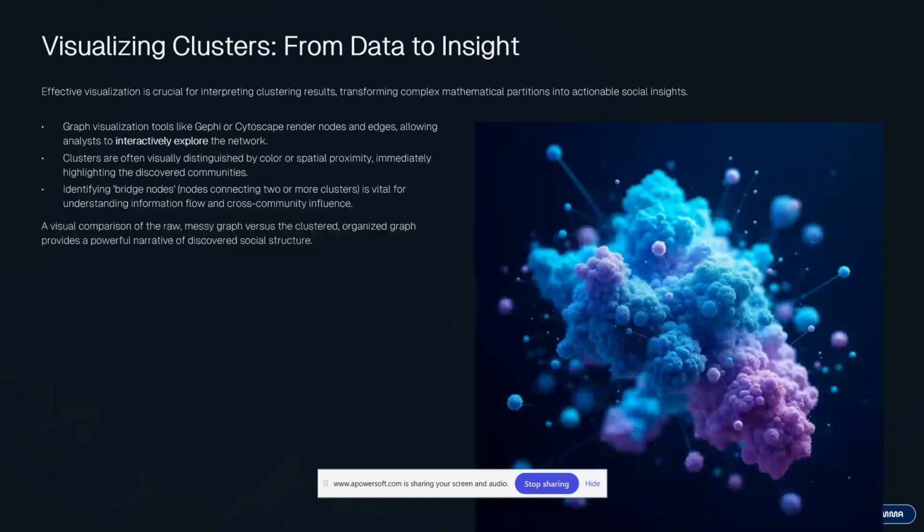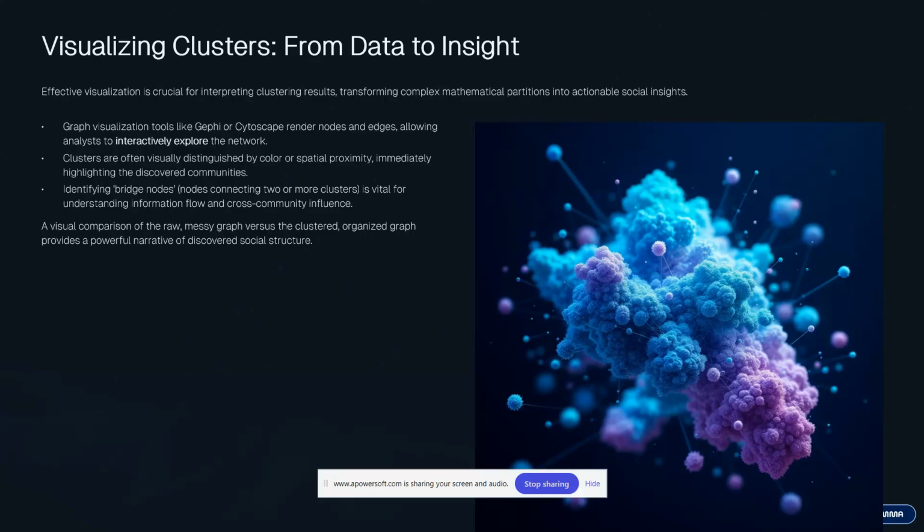Visualizing clusters, from data to insight. Effective visualization is crucial for interpreting cluster results, transforming complex mathematical partitions into actionable social insights. Graph visualization tools like Gephi or Cytoscape render nodes and edges, allowing analysts to interactively explore the network.